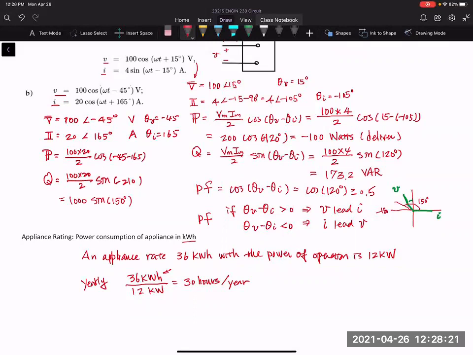And that's how much total energy you're going to use for a year, which is 36 kWh. And the kWh is the number that the power company actually charges you. So you want to try to reduce this number as much as possible because this is how they're going to charge you.